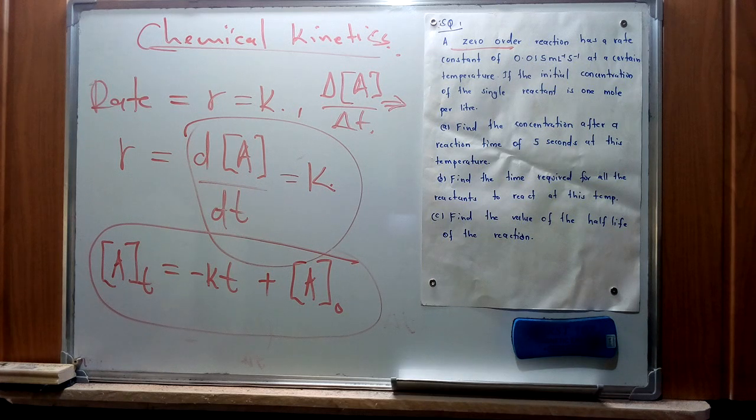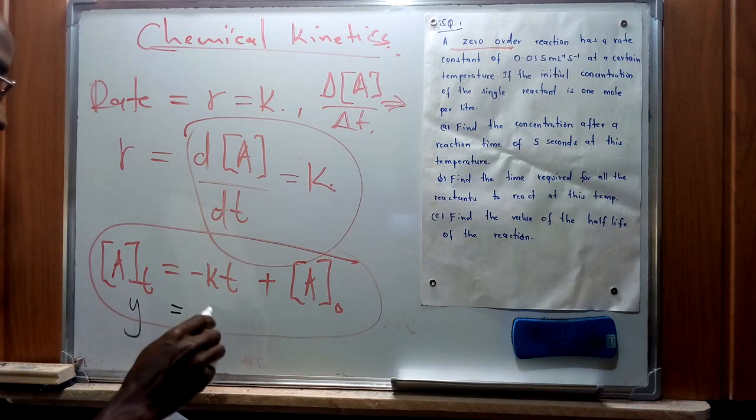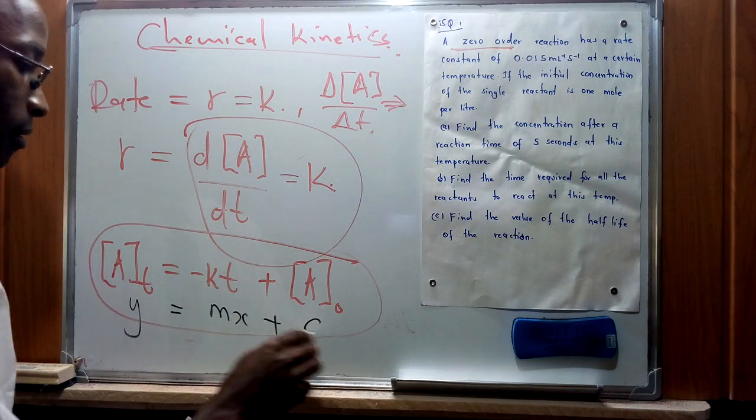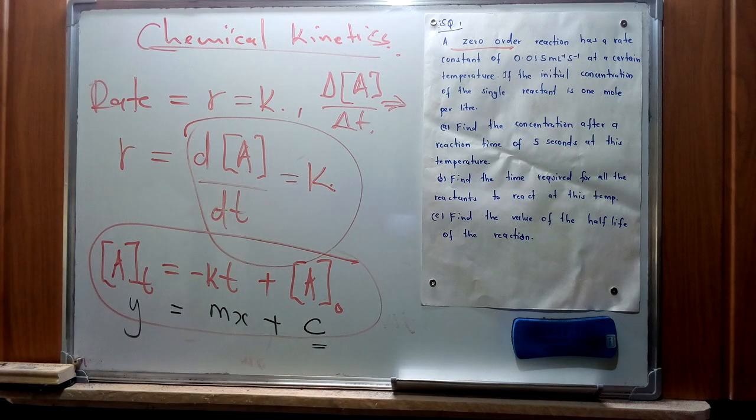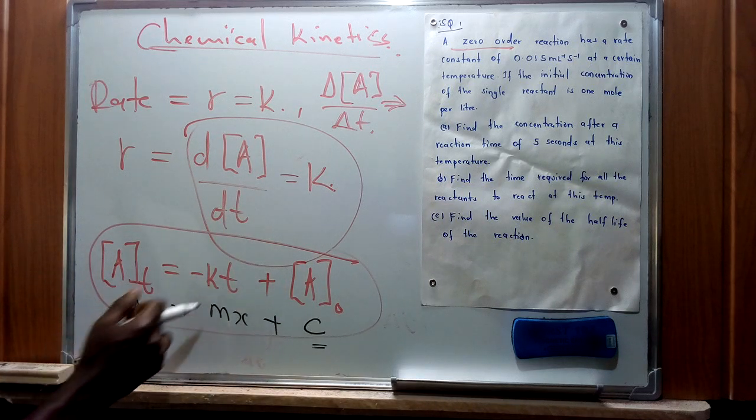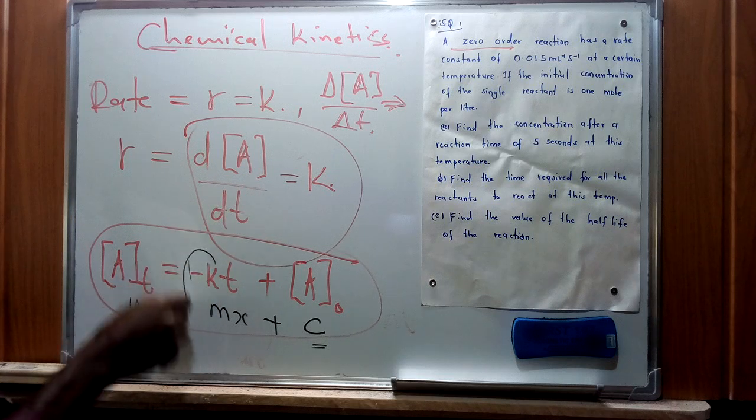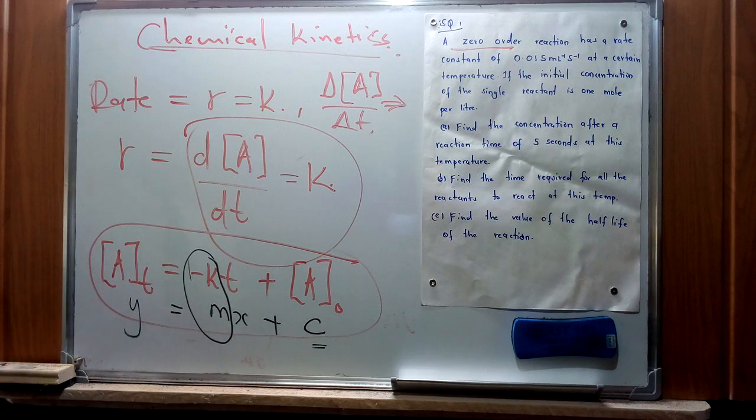And we're going to see that this equation is analogous to the equation of a straight line, which states that y equals mx plus c, where the constant c, the y-intercept, represents the initial concentration of the reactants. t is time, and k is going to be the slope of that specific line or graph, represented in its negative form as our reaction constant.